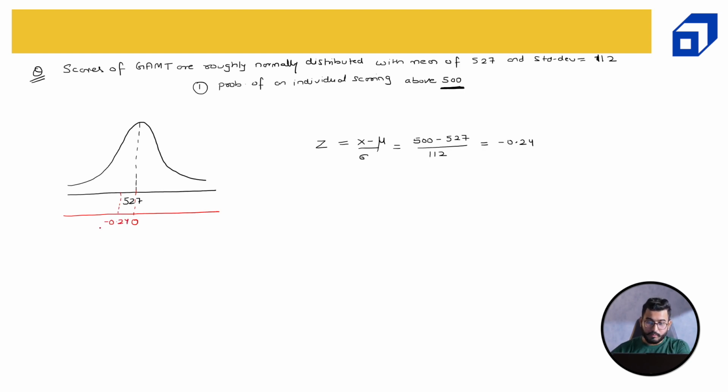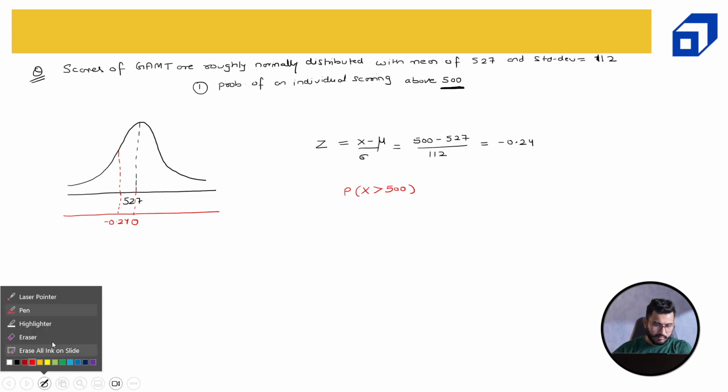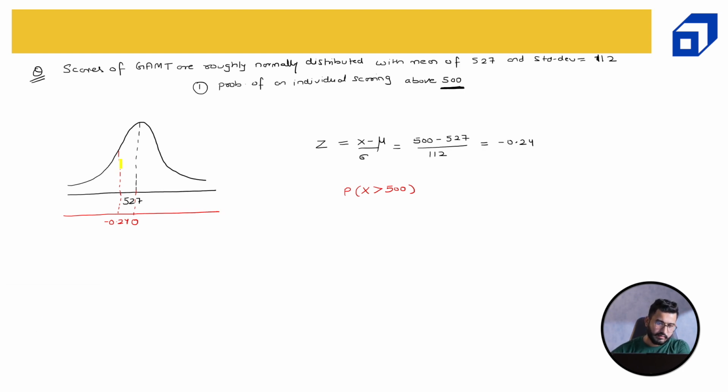Now what is the probability that the person will be able to score above 500? In which area am I interested? So if this point is minus 0.24, then I'm interested in the area above this, which is this area: the probability that the person will score above 500. Now how will we find it out?